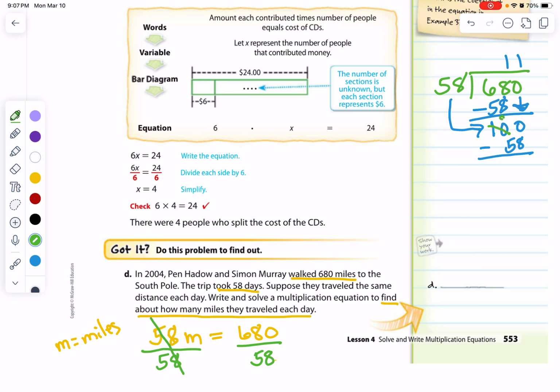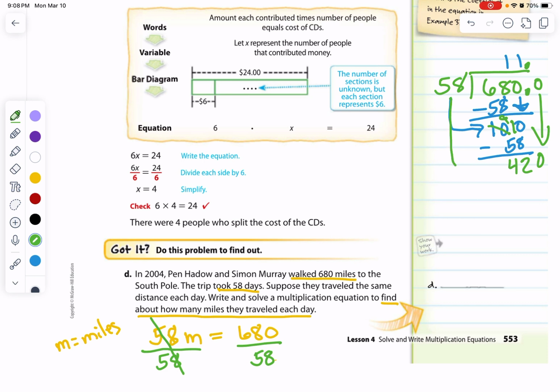I'll borrow here, make it a 9. Give it here. 10 take away 8 is 2. 9 take away 5 is 4. And we don't really want a remainder this time. So let's put a decimal and a 0 and bring down a 0. Okay.